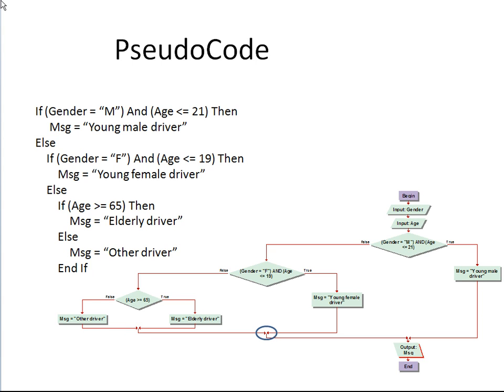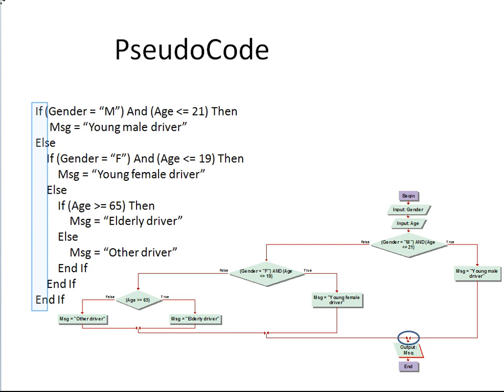Now for the next one in there, two facing arrows means it's an end if. It is the one that is going to be the end if for gender equal F and age less than or equal to 19. And so notice where this end if lines up. Finally, we have the last end if, and it's going to be for the first box. If gender equal M and age less than or equal to 21. And so there we have it.